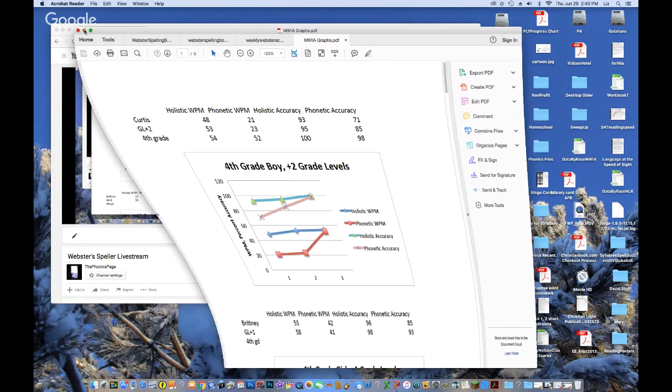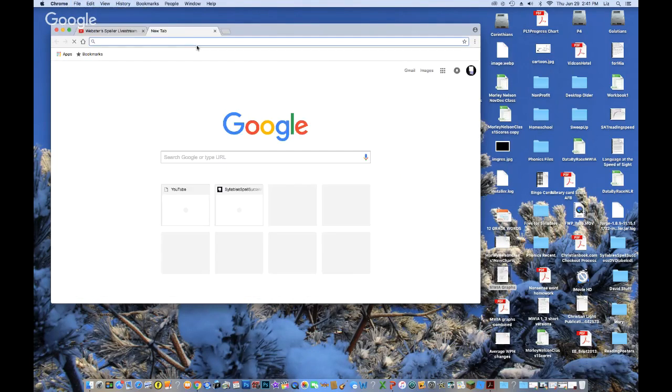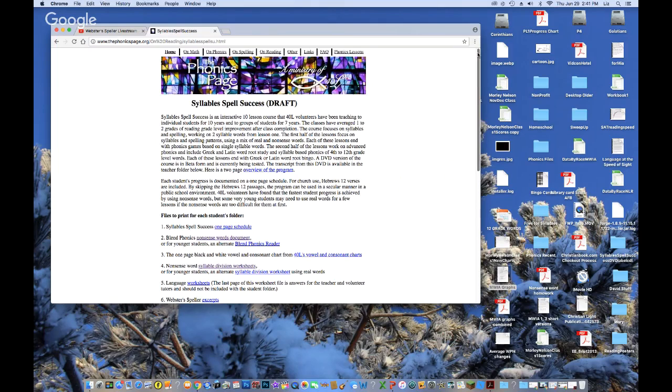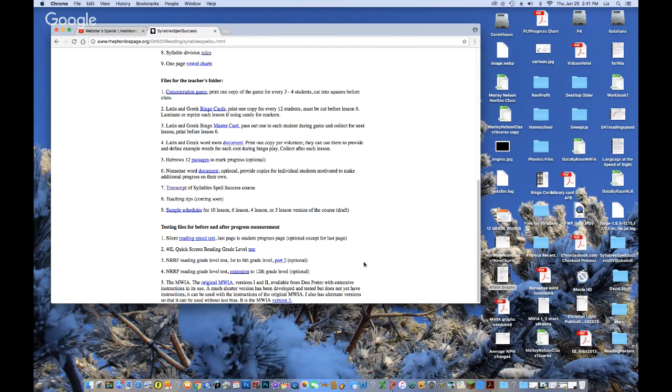And on that Syllable Spell Success page, I have a test that you can do for silent reading speed. And there's several different ones because you don't want to reread the same passage, or you're going to read it faster just because it's the same passage. So it has several different passages, all from the same book.